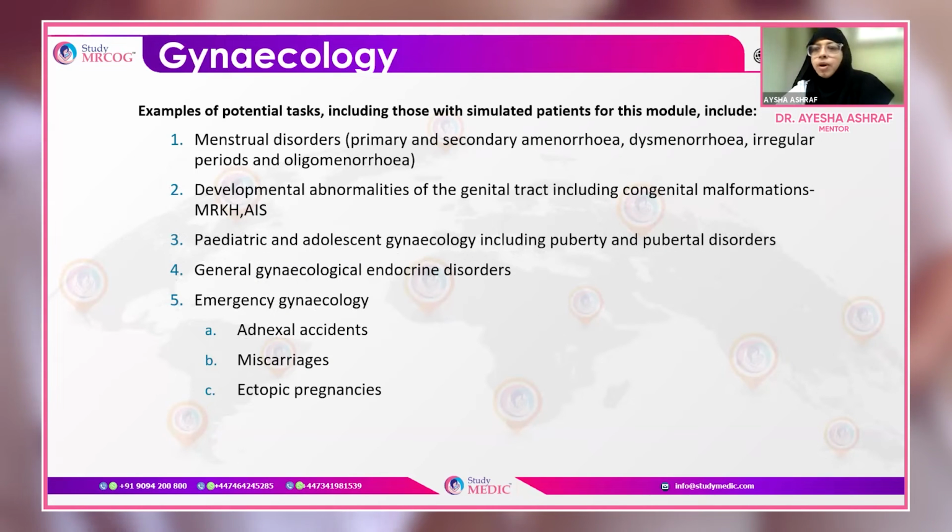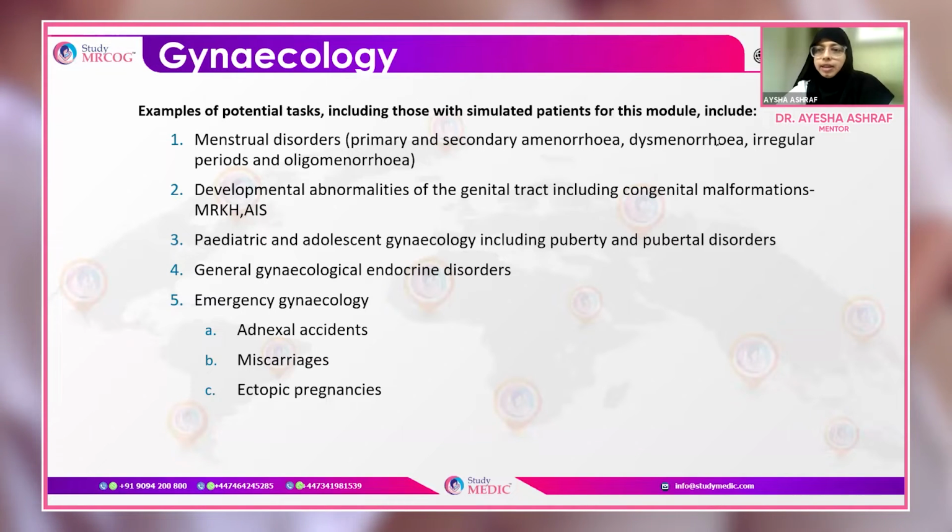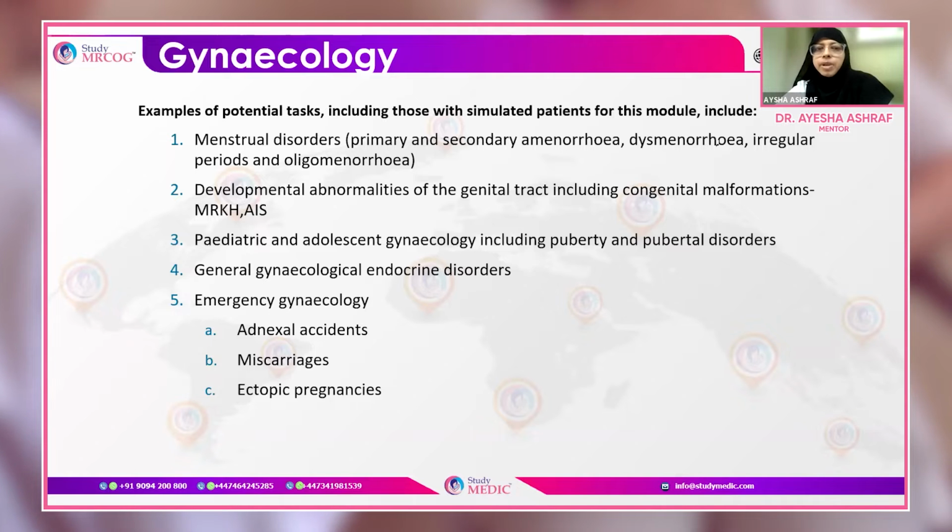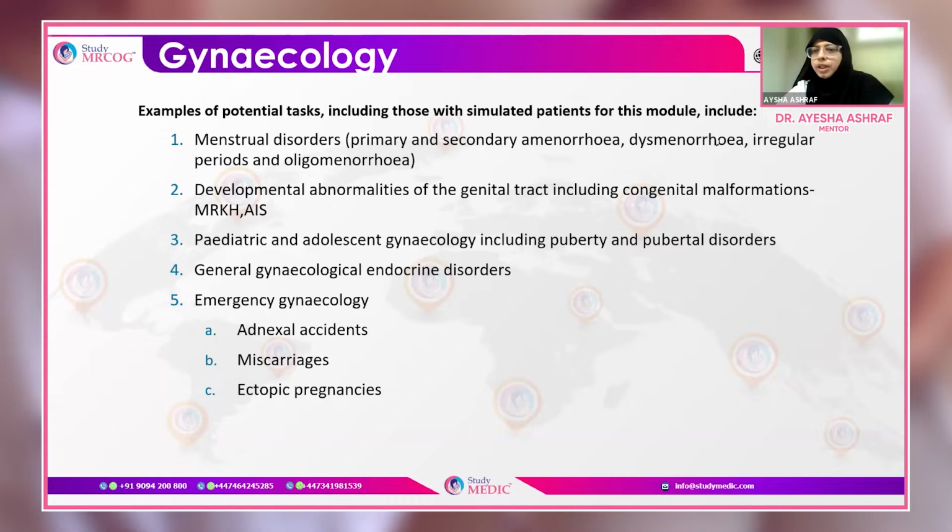Now let's see what types of tasks are assessed in the gynecology module. It includes menstrual disorders. Either it could be primary or secondary amenorrhea, dysmenorrhea, irregular periods, and oligomenorrhea.